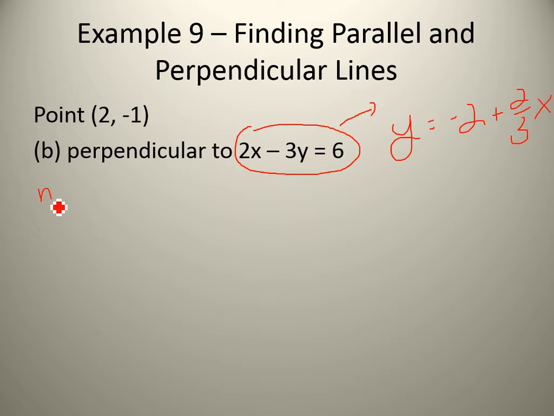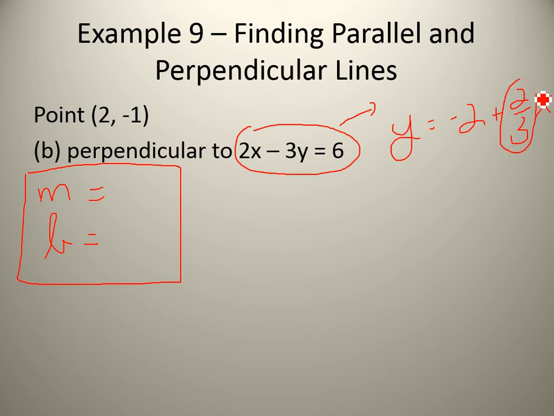So I'm still going to come back to my M and B box. The slope of this original line is once again 2/3. And what we know about lines that are perpendicular is they have slopes that are negative reciprocals. So if I want to know what the negative reciprocal of 2/3 is, remember I got to do two things. First, I got to change its sign.